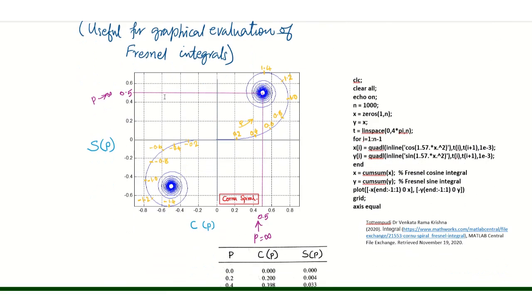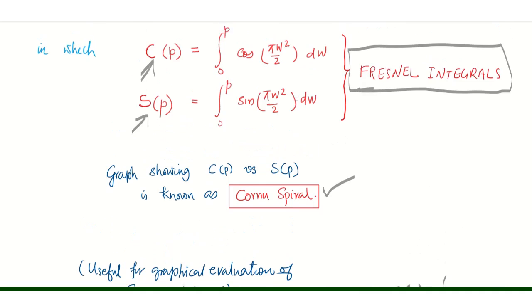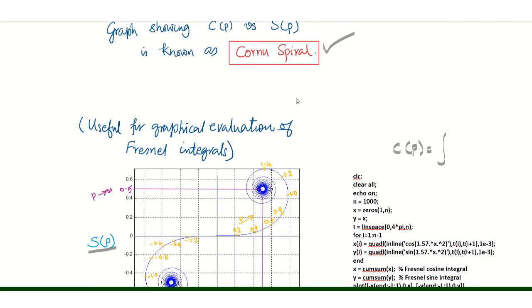On the x-axis we have Cp, on the y-axis Sp, where Cp is integral 0 to p cos pi omega square over 2 d omega, and Sp is integral 0 to p sine pi omega square over 2 d omega.